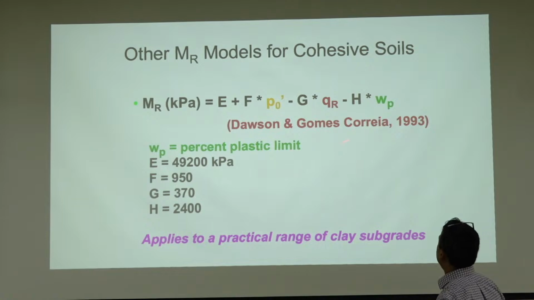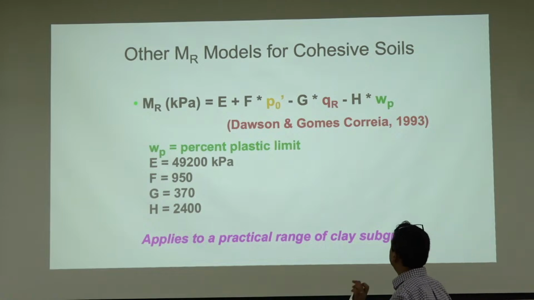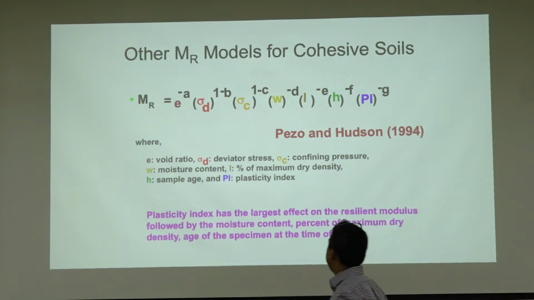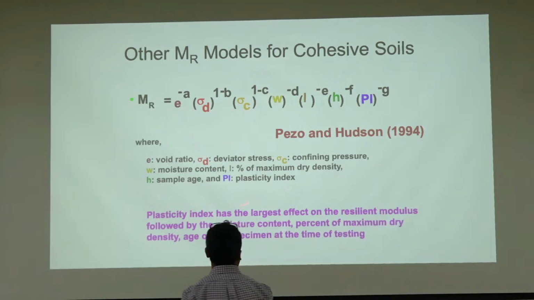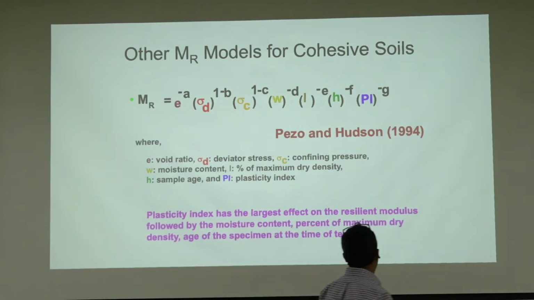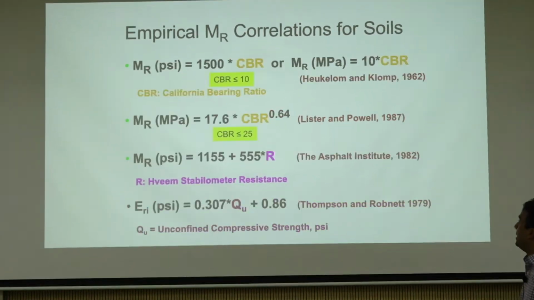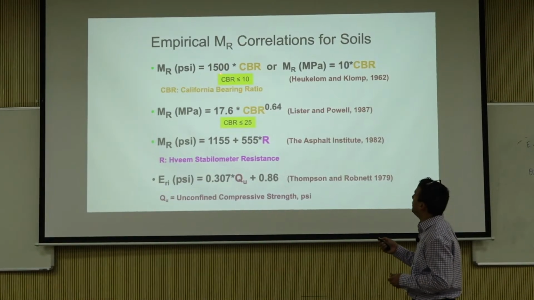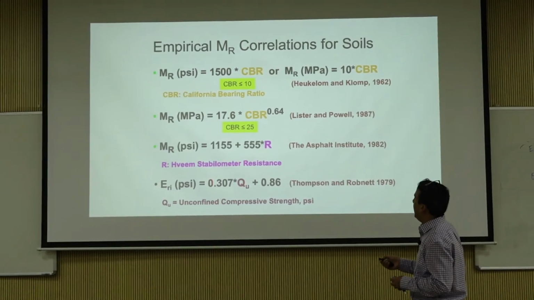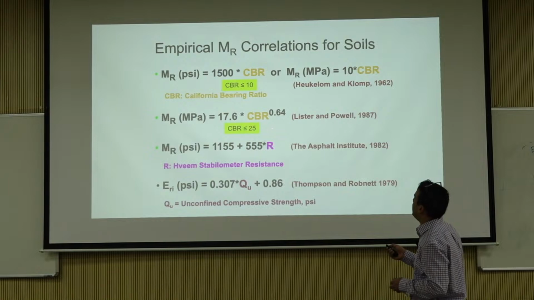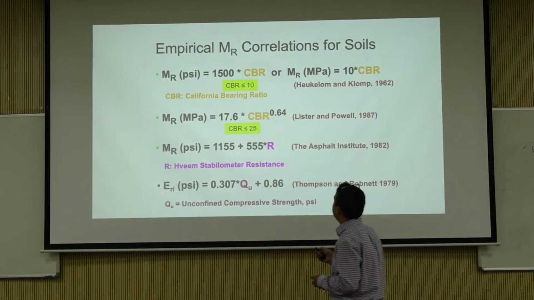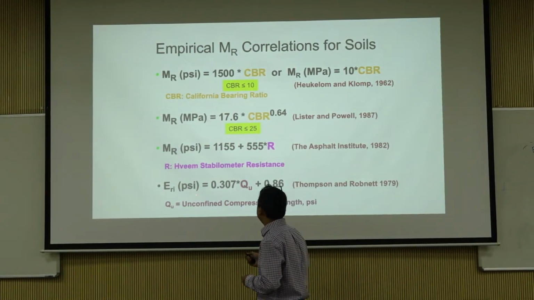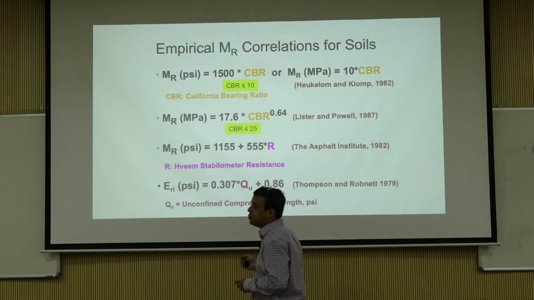This is the Dawson Gomez Correa model. Again, when I give you the slides, you will have it for reference, but I have never used this in practice myself. Empirical correlations, you have seen this: 1500 CBR, 17.6 CBR^0.64, and so on, ERI with QU and everything.